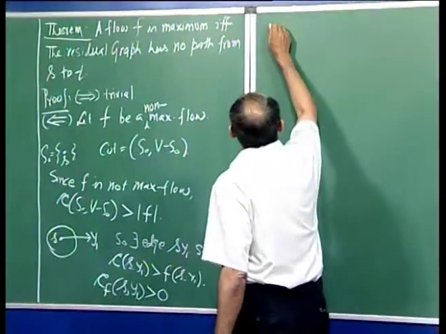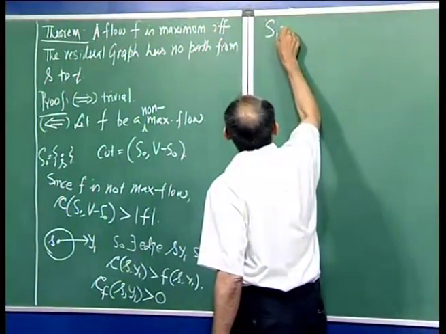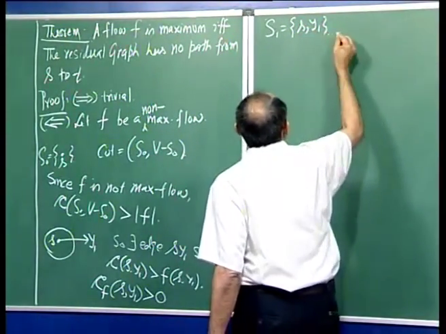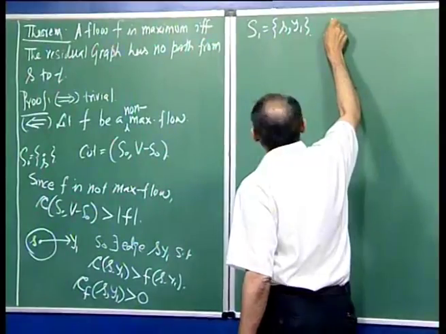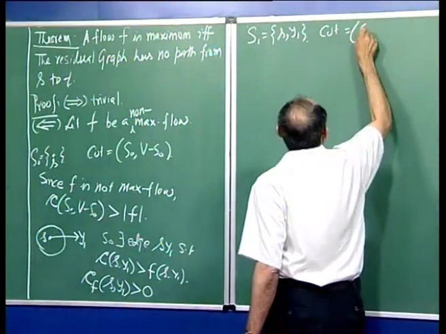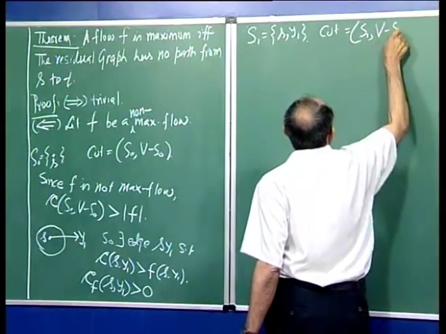Now, let us define set S1 as S comma Y1. Define the cut to be (S1, V minus S1).